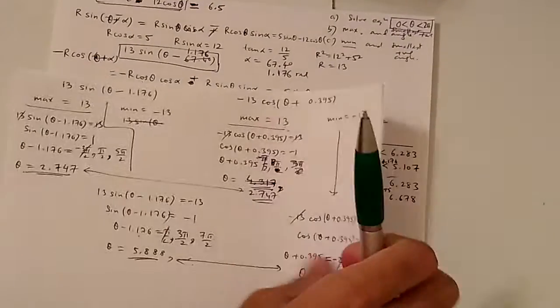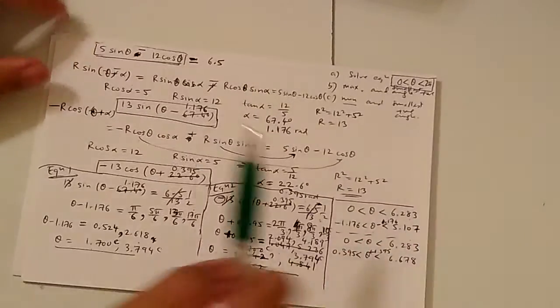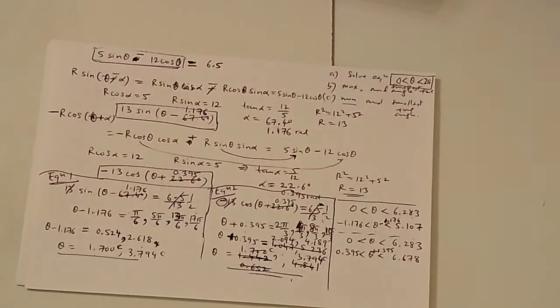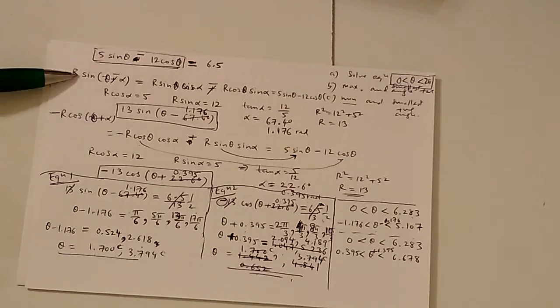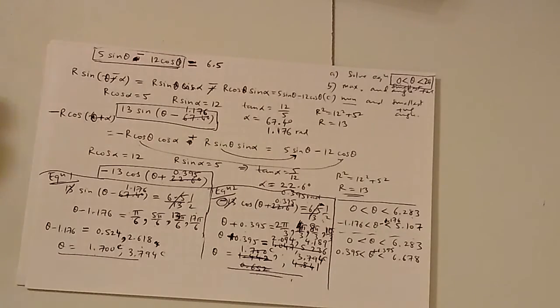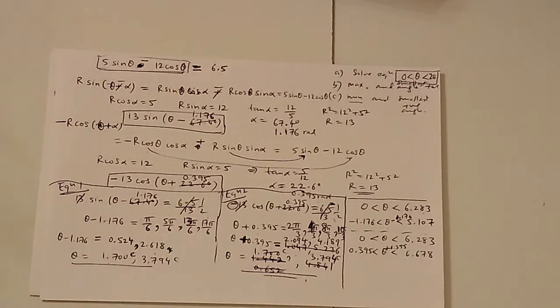Now again, repeating what you learned in this section. In this section you learned that if you have a complex expression with sine and cos added or subtracted, so you have something sine theta plus minus something cos theta, in that case you can express that as a single trigonometric ratio, sine of theta plus minus alpha or cos of theta plus minus alpha.